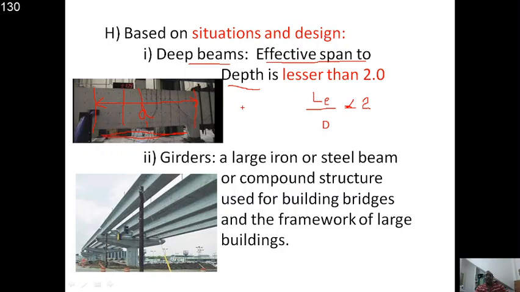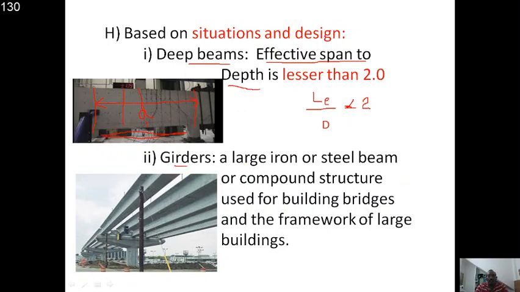So these occur in structures that are subjected to huge loads, like in metro or anything. You observe the depth of the beam is very high, right? So these occasions will come according to the burdens or the load capacities to be resisted by the beams.